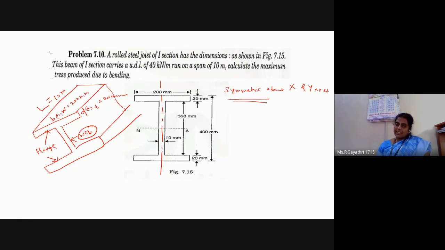Symmetric section means x bar value. Symmetric about x axis means what about y bar value? Any volunteer?